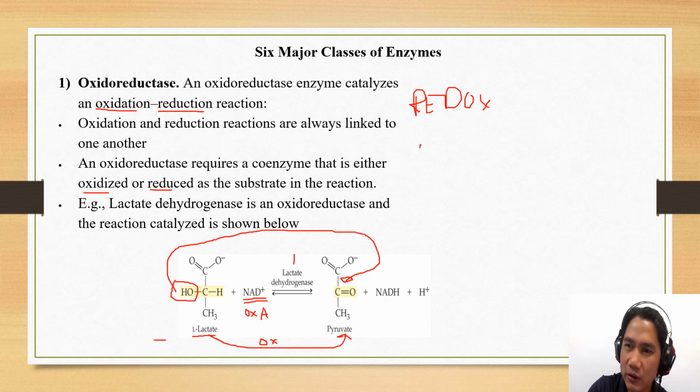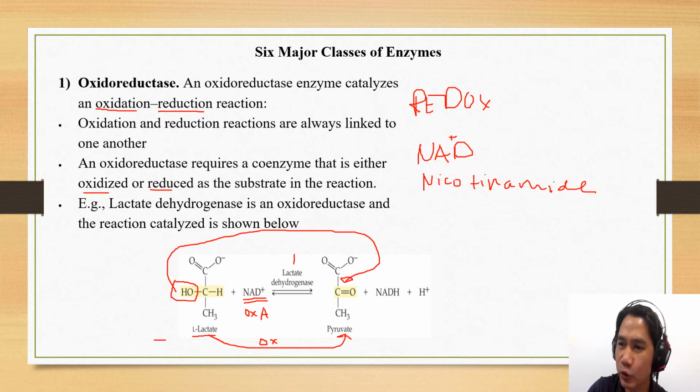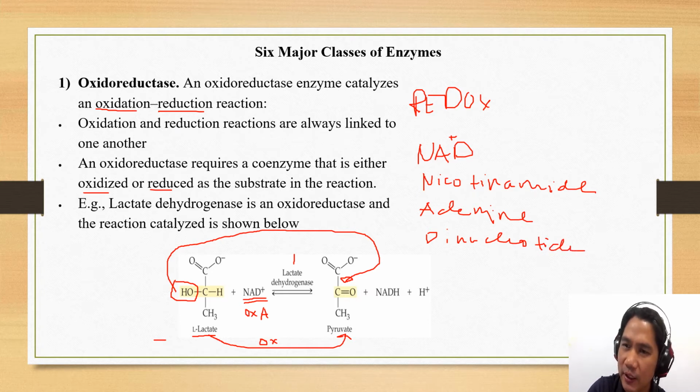NAD plus stands for nicotinamide, adenine, dinucleotide. The N is nicotinamide, which is derived from a vitamin, nicotinic acid. A stands for adenine, and D stands for dinucleotide.